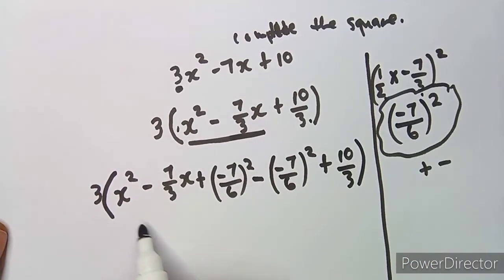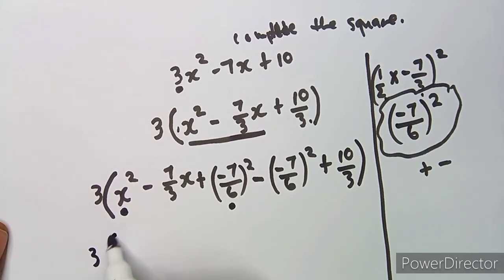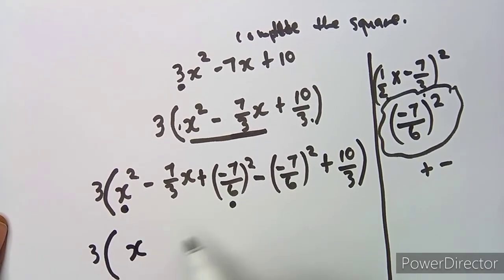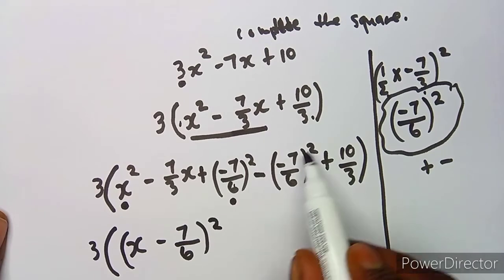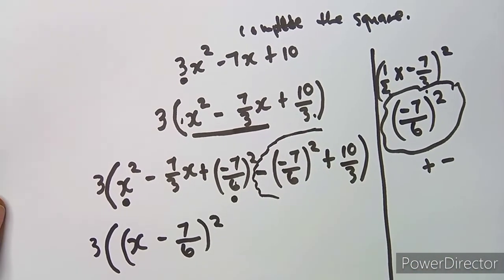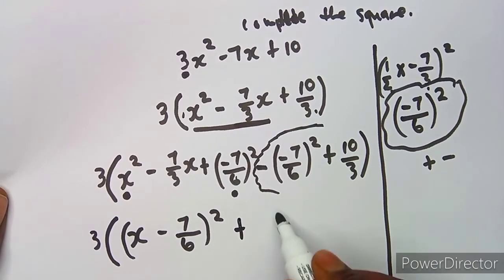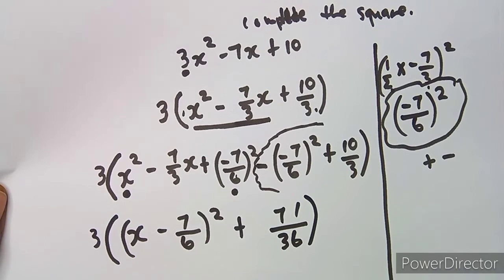So at this stage, remember, we complete from this term to this term, and we are used to this. So it's x here, and this is minus 7 over 6. Everything you square. Then simplify the remaining part from your calculator, guys. I know you can do this much better. This is 71 over 36. That's what you're going to have.